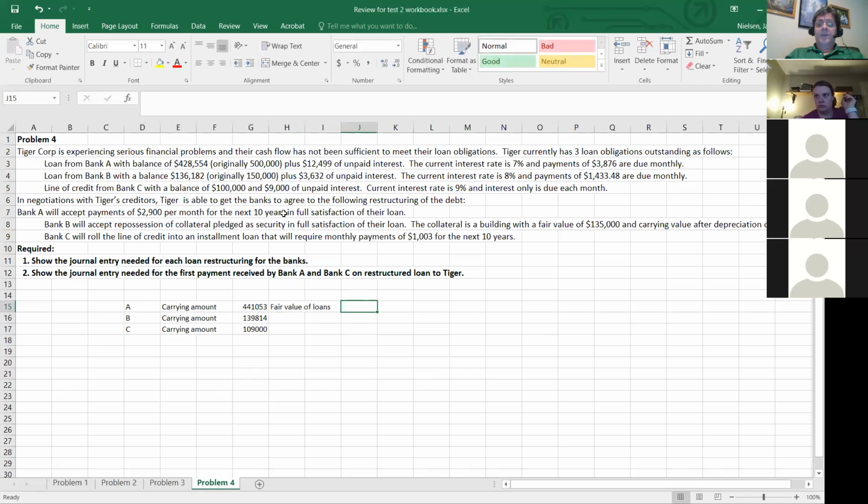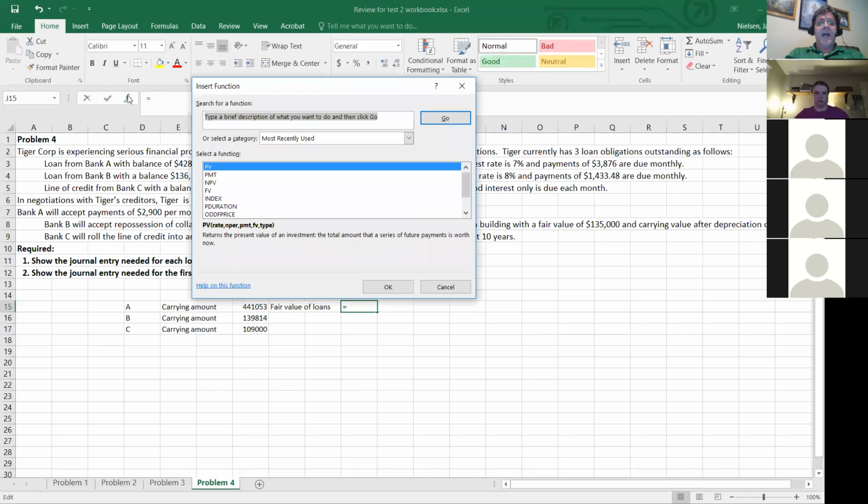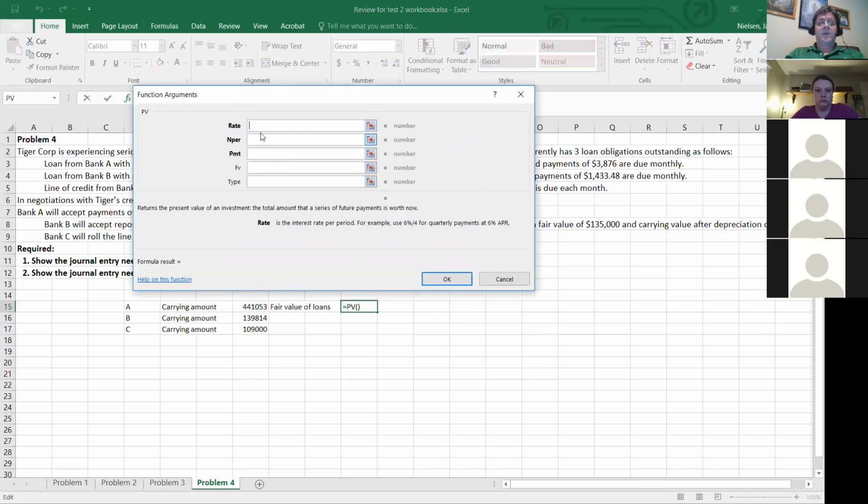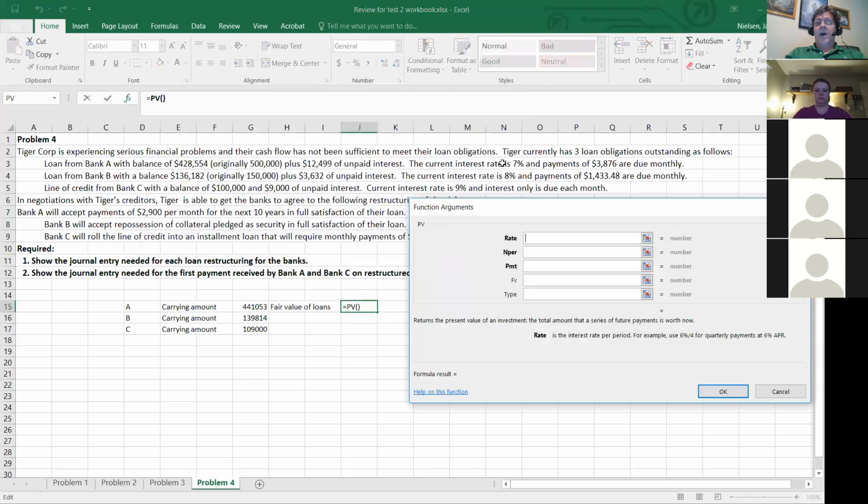We have to do that. So we're going to set up our present value of those future cash flows to figure out what the value is. And what rate do we use? We always use the original rate, which for this loan was 7%. And we're going to divide that by 12, right, because we're doing monthly payments.